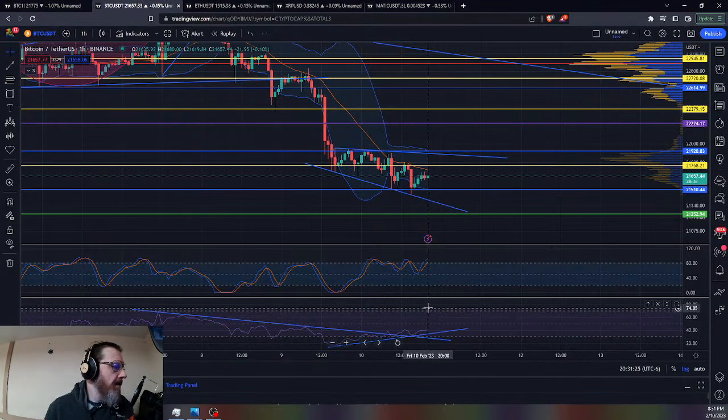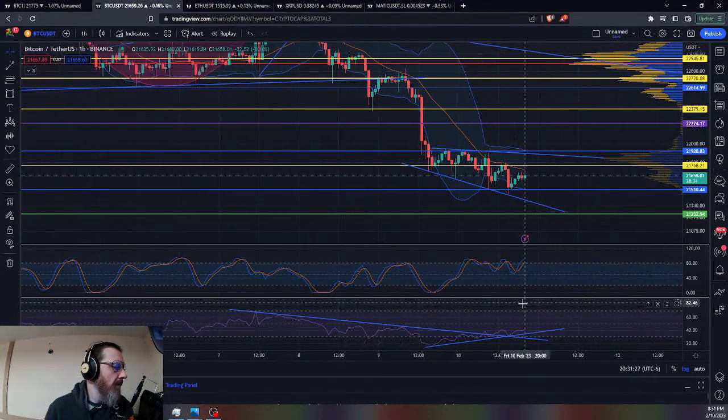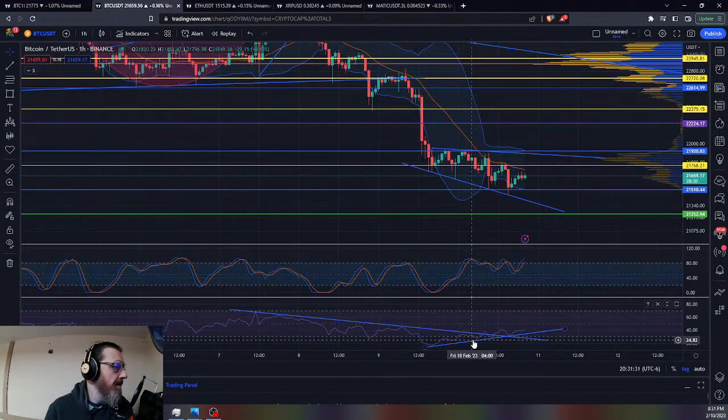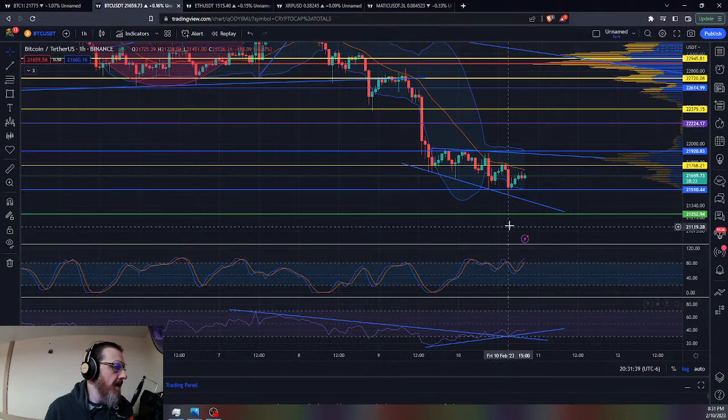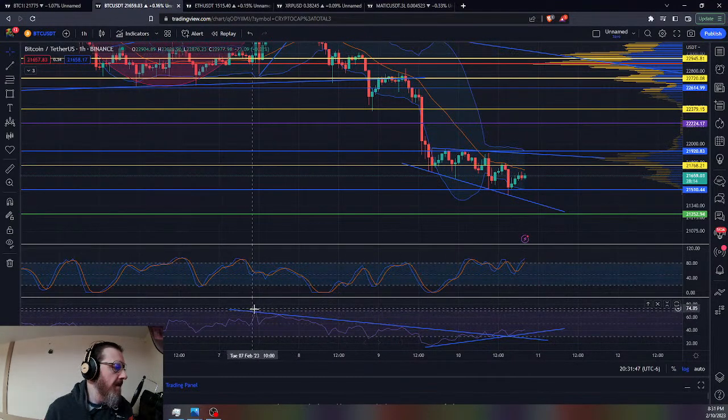If we take a look here at our RSI, it is actually showing us some bullish divergence here, and it does technically point to the fact that it has retested a downtrend line on the RSI and is currently looking to try and gain some momentum. So you can see the confluence right at the cross of these two lines here.